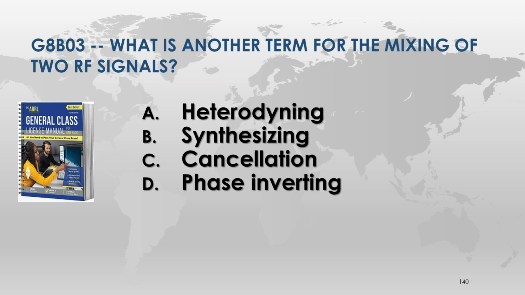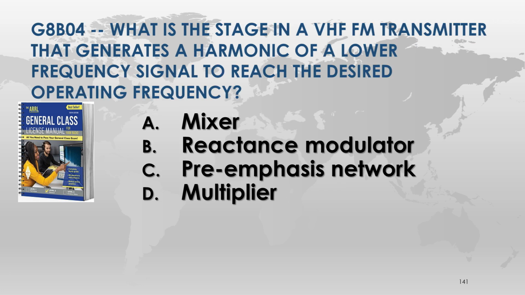What is another term for the mixing of two RF signals? Hopefully I've stressed that enough. Heterodyning. Alpha. What is a stage in a VHF FM transmitter that generates a harmonic of a lower frequency signal to reach the desired operating frequency? Alpha.